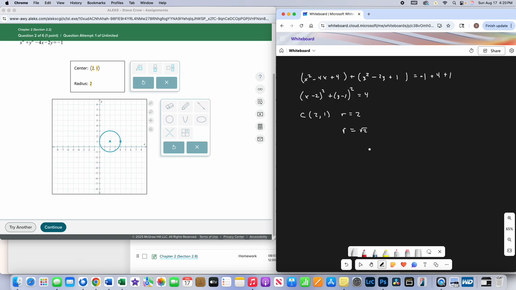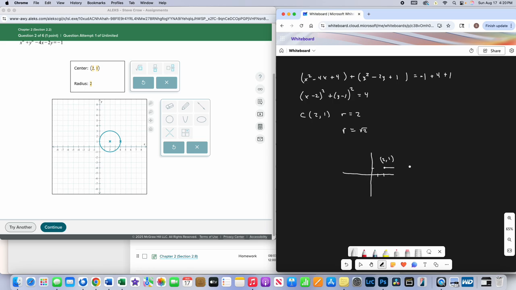Well, what you would have to do is, look, you've got your circle, and let's just say that your center here is at 2, 1, which it is there, and so this is 2, 1. That's your x. And so from this point right here, we've got to go over square root of 2.